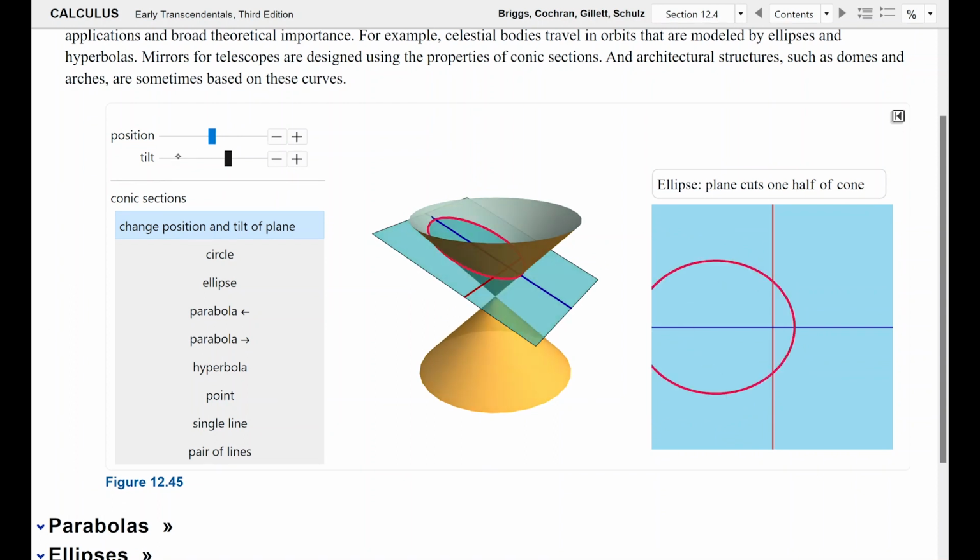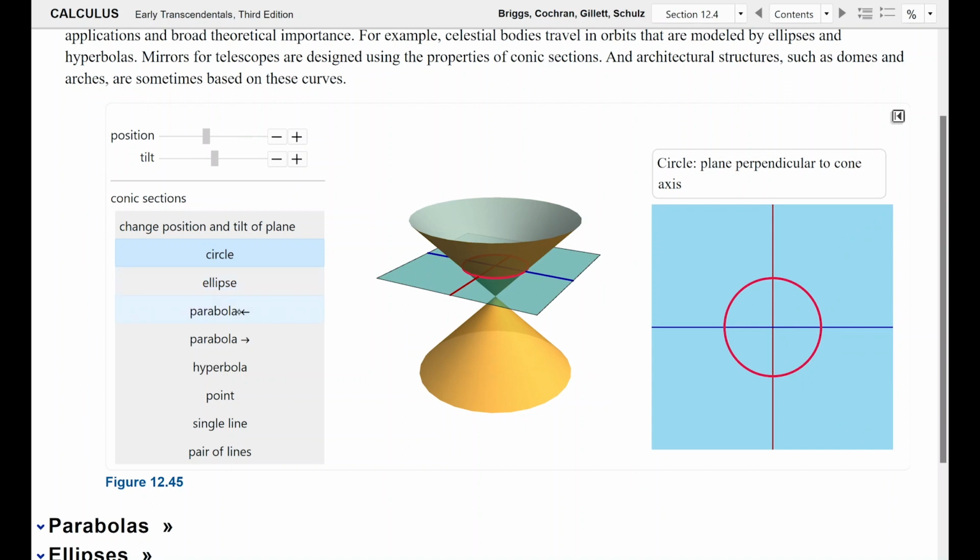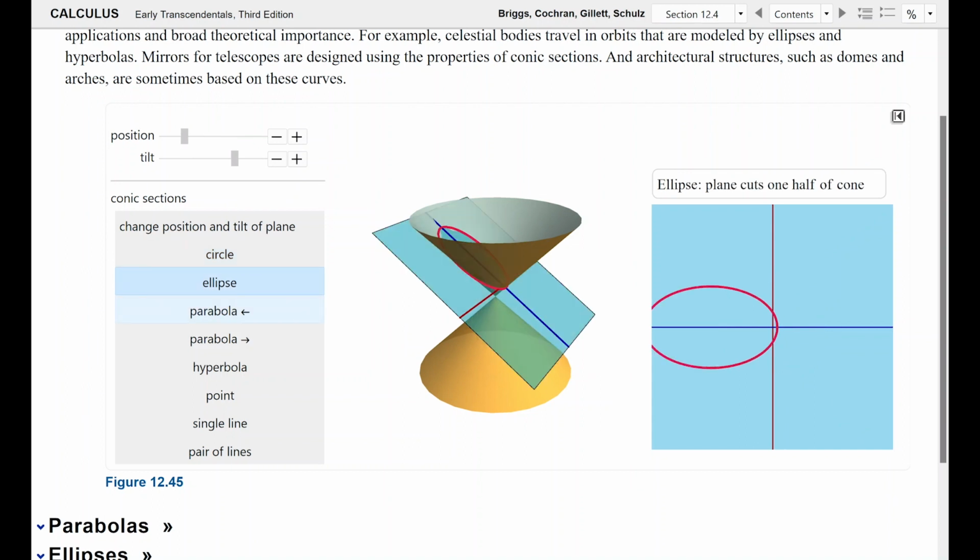We could also play around with the tilt, and there goes a parabola. We could get the basic conic sections this way by intersecting this plane with this conical structure. So here's a circle. Here we could get an ellipse by tilting.